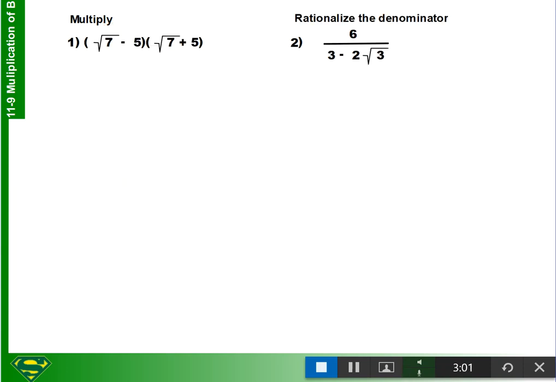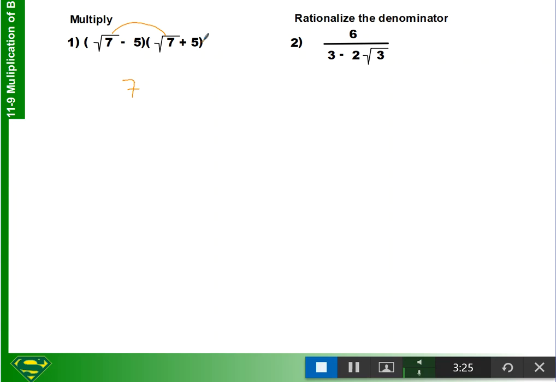So let's look at how this applies to irrational numbers. We have a difference of squares here again. And we know that the linear term is going to disappear, but I'm going to multiply it out anyways. Square root of 7 times square root of 7 is square root of 49. Square root of 49 is 7.